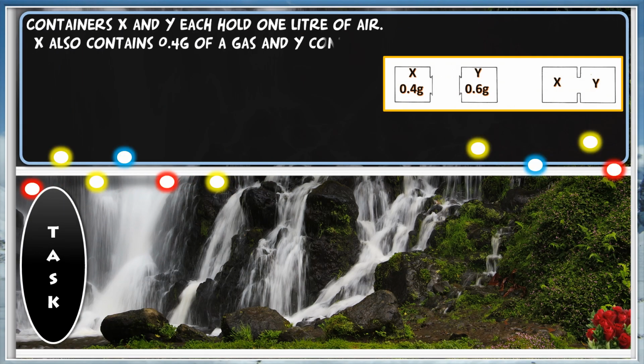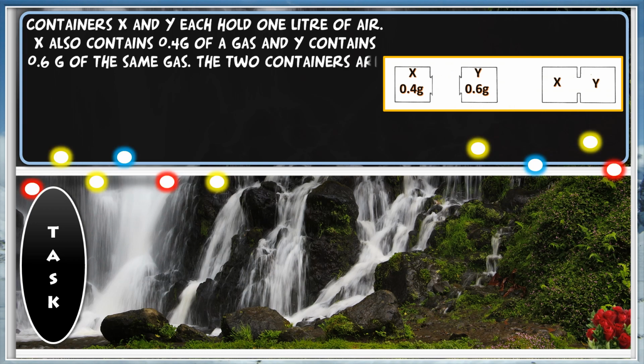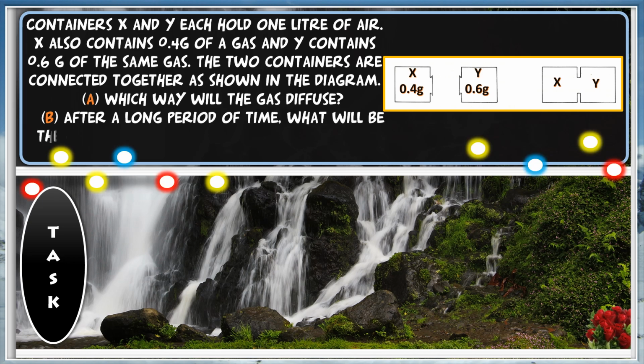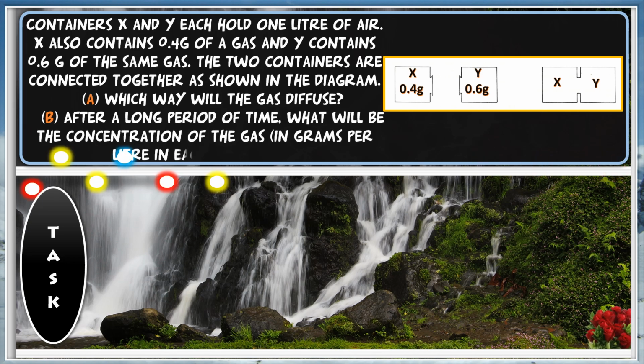Containers X and Y each holds 1 liter of air. X also contains 0.4 grams of a gas, and Y contains 0.6 grams of the same gas. The two containers are connected together as shown in the diagram.